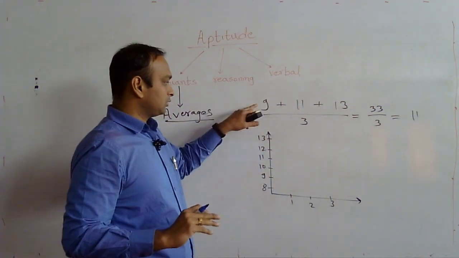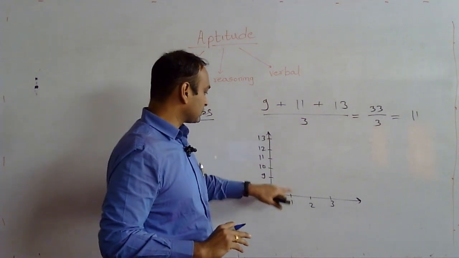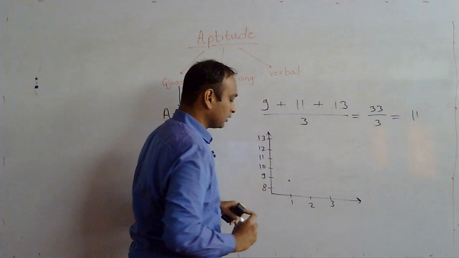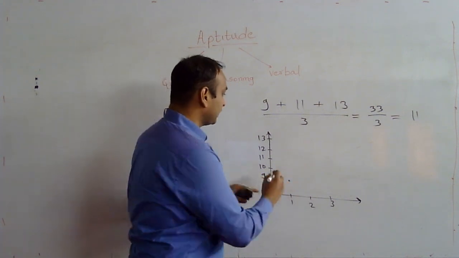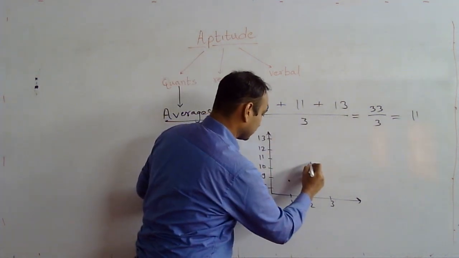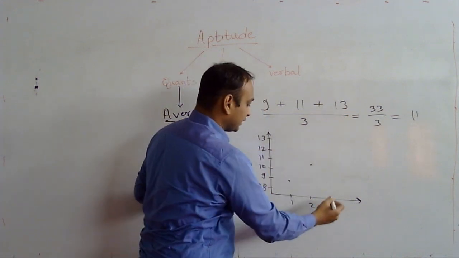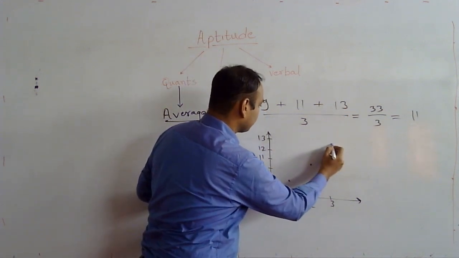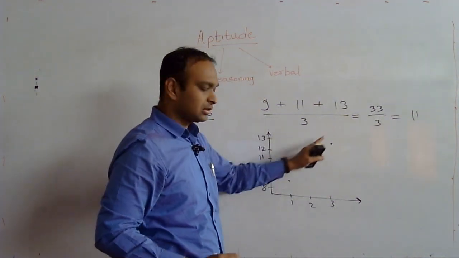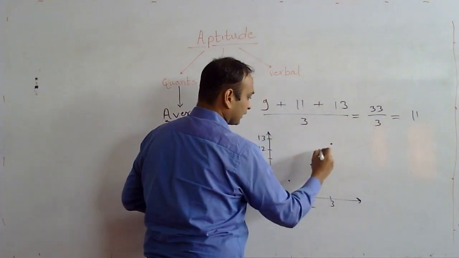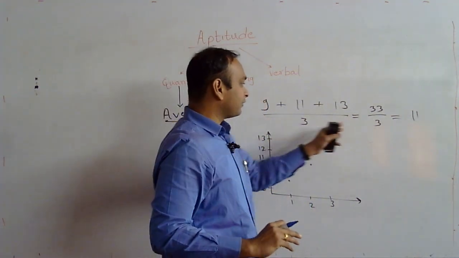The first point is 9, so we can plot it over here. The second point is 11, so we can plot it maybe over here. The third point is 13, we can plot that approximately like this. So these are the three points, first, second and third, and the average is 11.